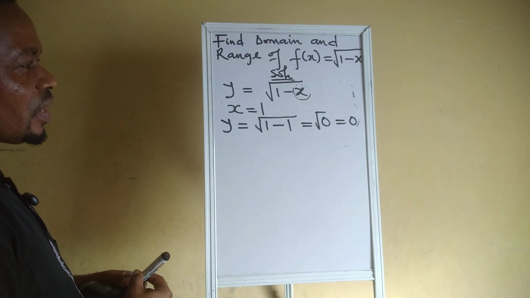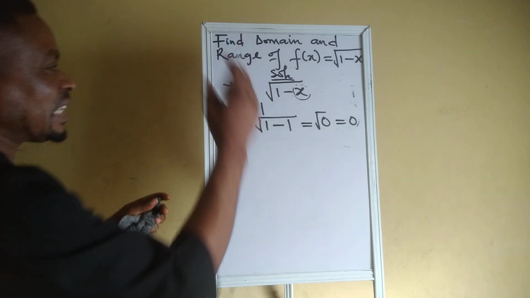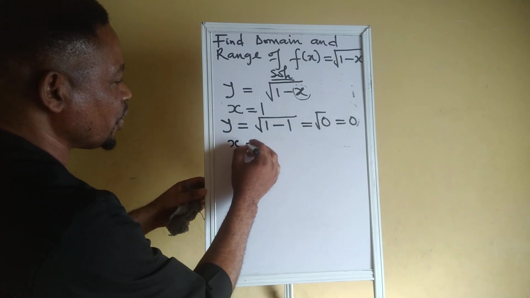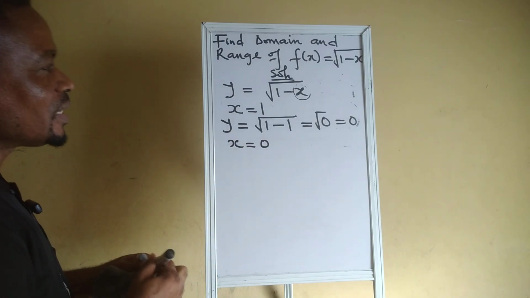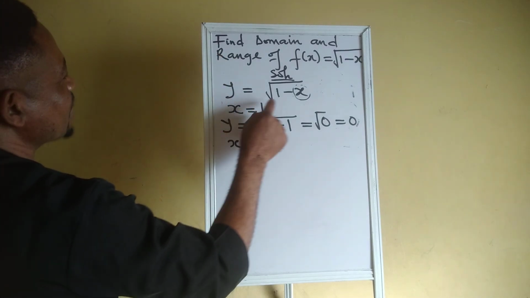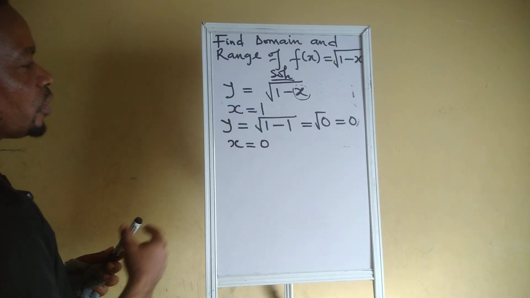Have I made myself clear? Remember, I'm not going to increase the domain again to 2, but rather I will decrease. I will now say when x is equal to 0. Can you see that when x is 0 as the domain, this particular expression exists? Then can we substitute now?